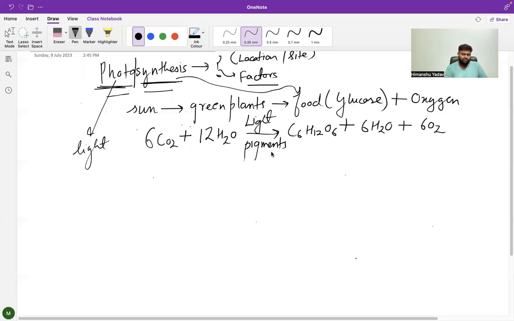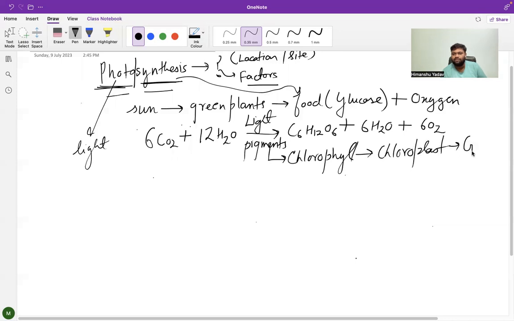So what are these pigments? These pigments are none other than chlorophyll. The chlorophyll molecule is there in the chloroplast of the green plants.